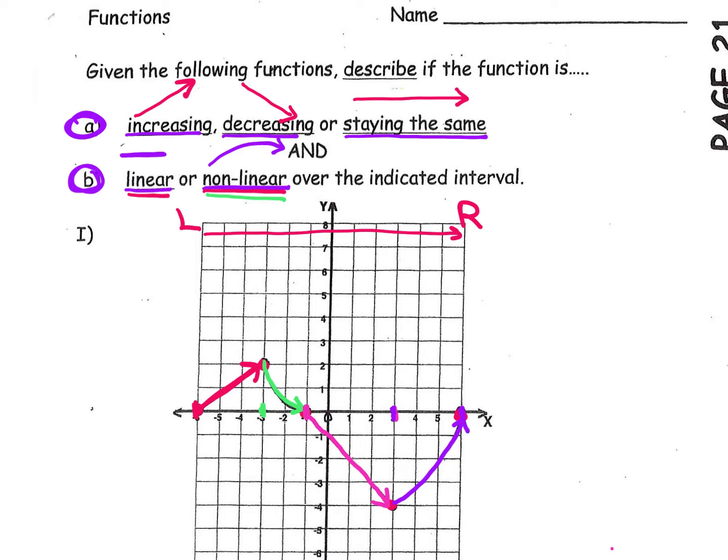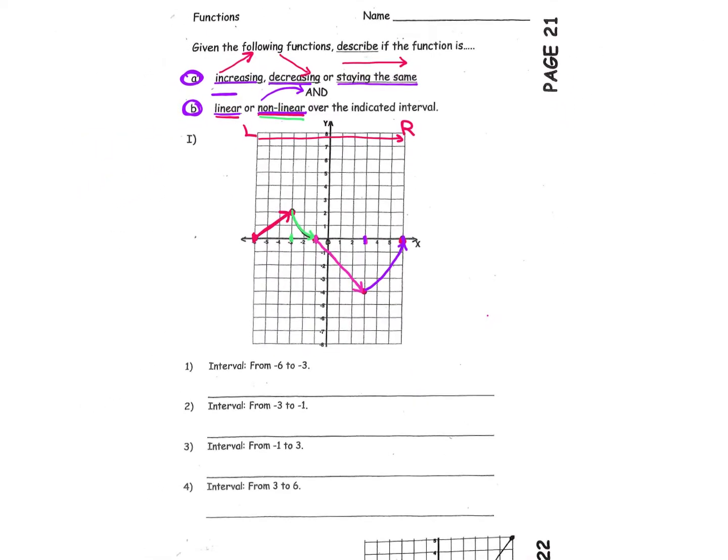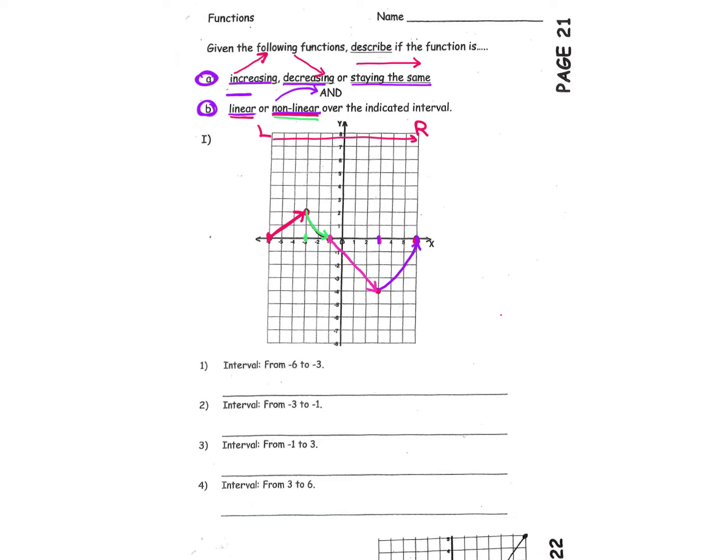At the bottom of this worksheet, you need to complete the description for each interval. For example, for our first interval from -6 to -3, you would write increasing, and since it's a straight path, you would also call it linear.